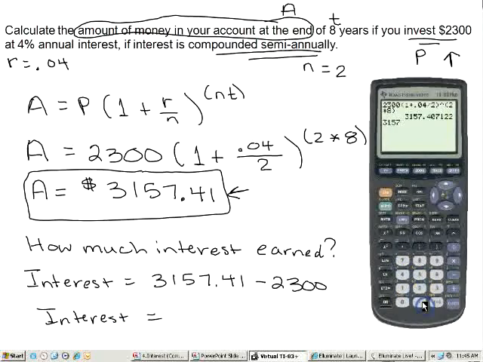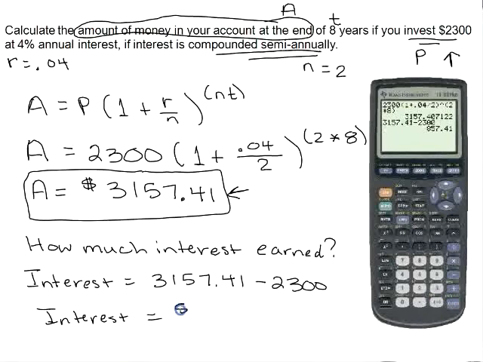So $3,157.41 minus $2,300. We have earned $857.41 in interest.